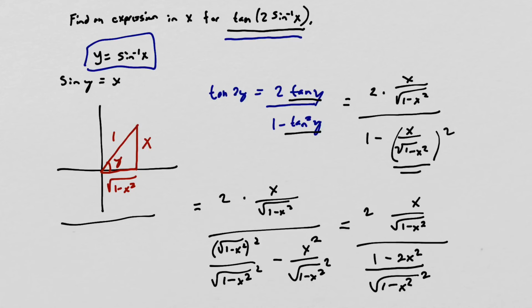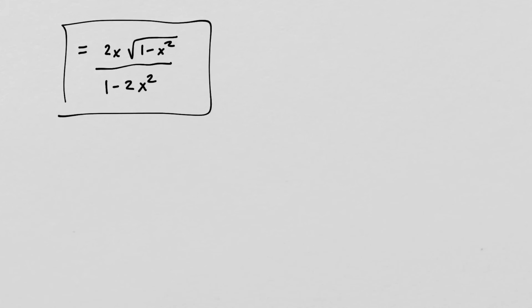So now, since we're dividing a fraction by a fraction, this is the same thing as flipping the second and multiplying, which means that one of the square roots of 1 minus x squared is going to cancel out with this square root of 1 minus x squared here. So rewriting this, we'll get that this is going to then be equal to 2x times the square root of 1 minus x squared, all divided by 1 minus 2x squared. And this is going to be our solution.